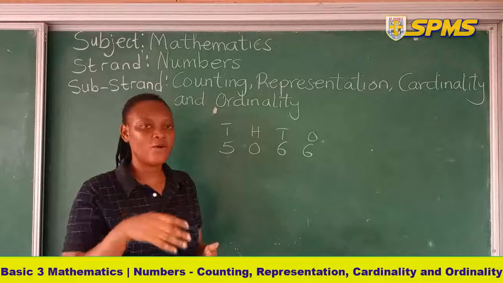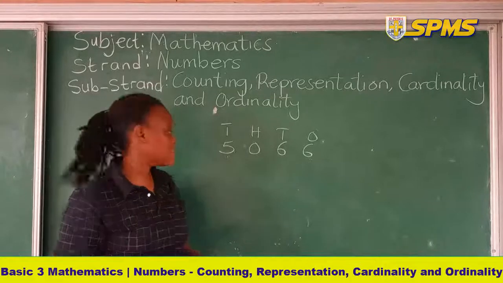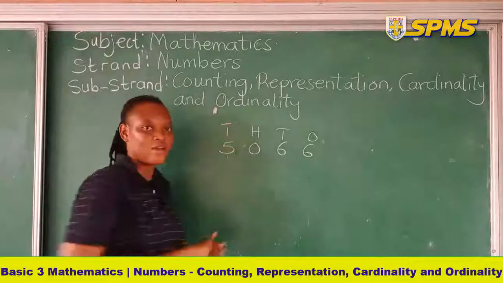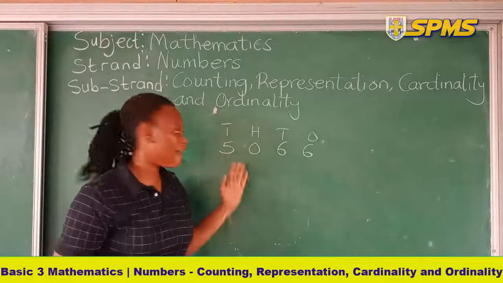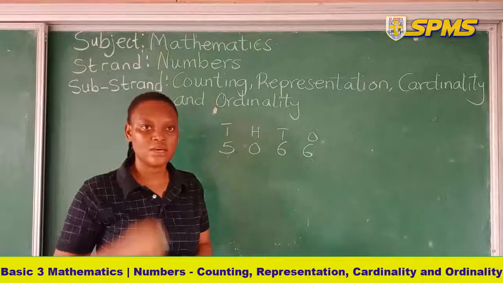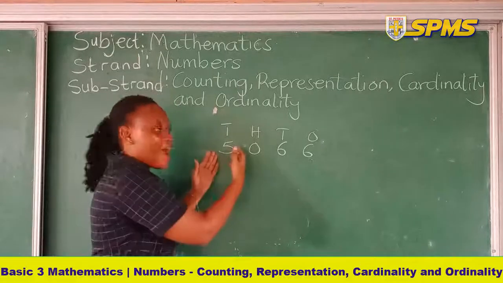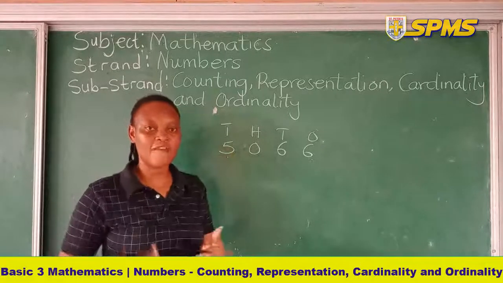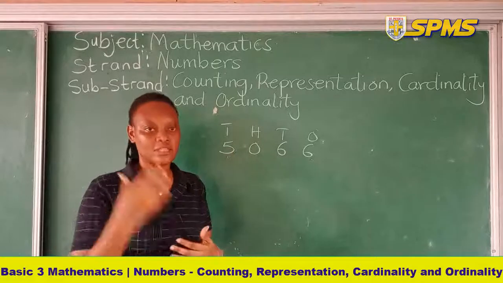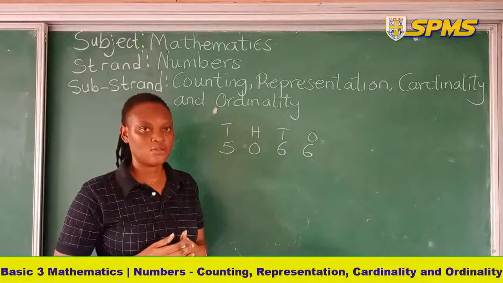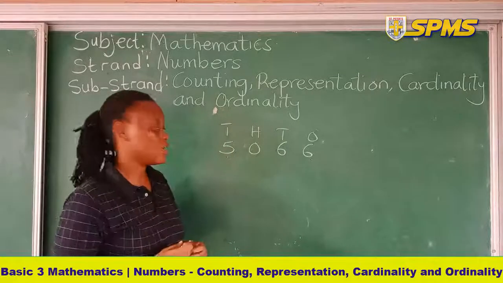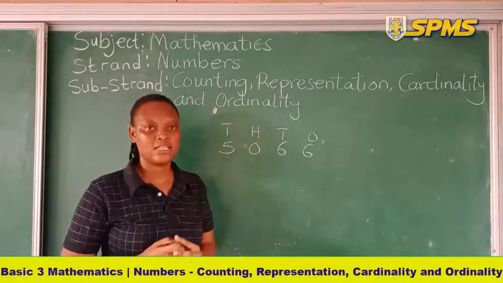Now the value of the 5. Since the 5 is under the thousands column, the 5 becomes what? The worth of the 5. It becomes 5,000, because we have 5 of the what? The thousands. So the thousands takes a form of 4 digits.